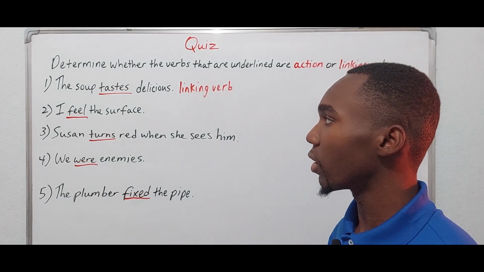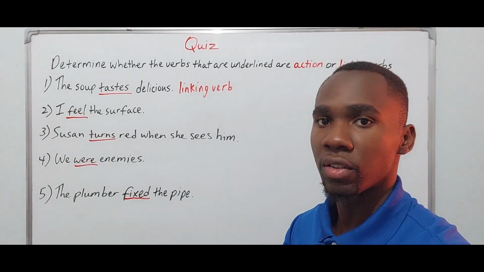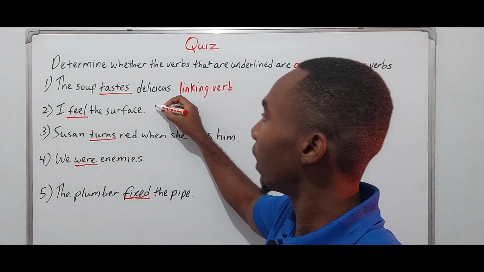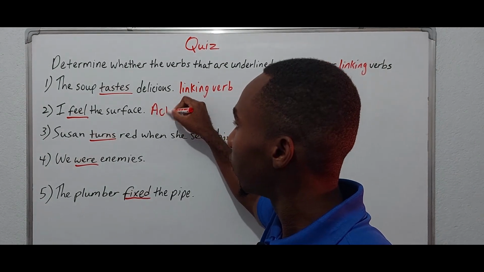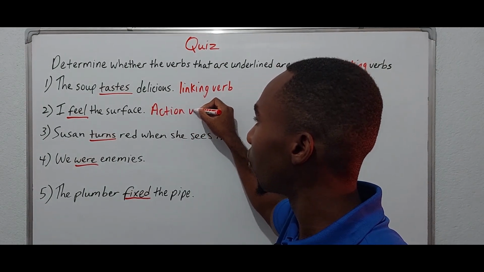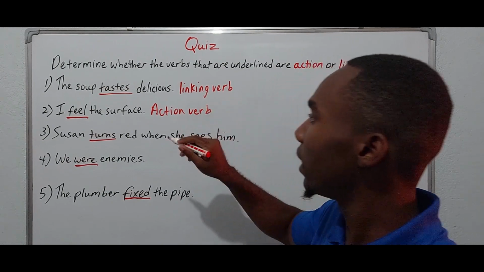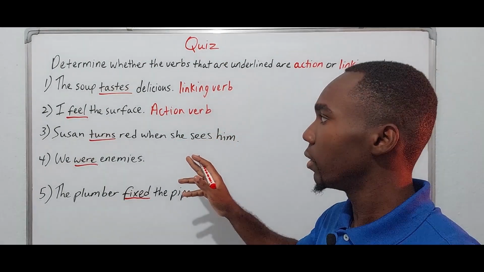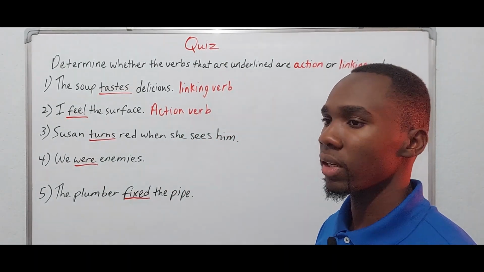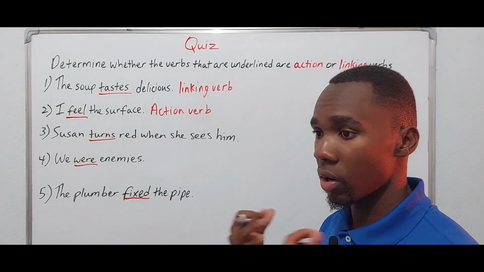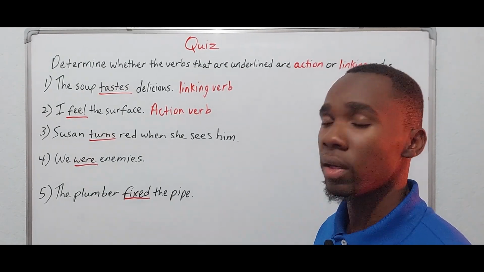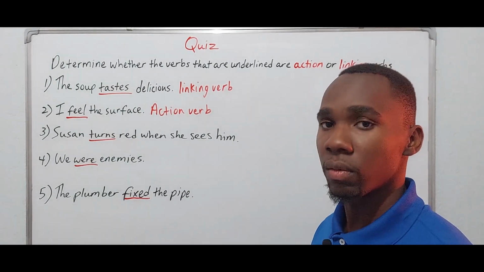Because feel is talking about touching the actual surface, right? So this is an action verb, right? So this is one of those verbs that can function as either a linking or an action verb, right? Because when we use feel as a linking verb, we're talking about our emotions. So I feel well, I feel sick, what have you, right?